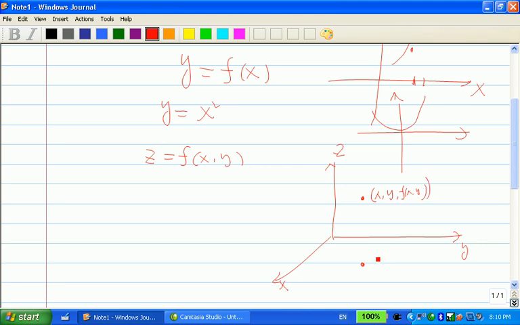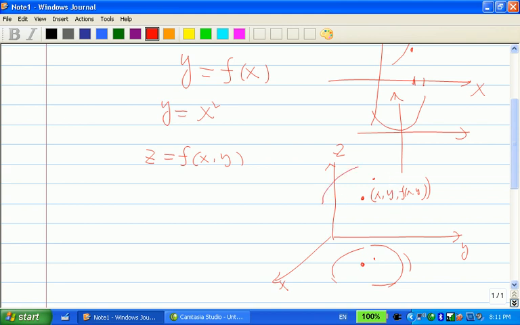Give another point in the xy plane, you find another point in space. This is your domain. For every point here, you can find a point in space.